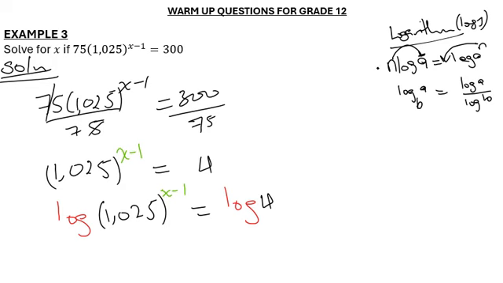Now, using property 1, I have x minus 1 as my exponent, so I want to take my exponent and bring it to the front. So I will have x minus 1 times log 1.025 equal to log 4.